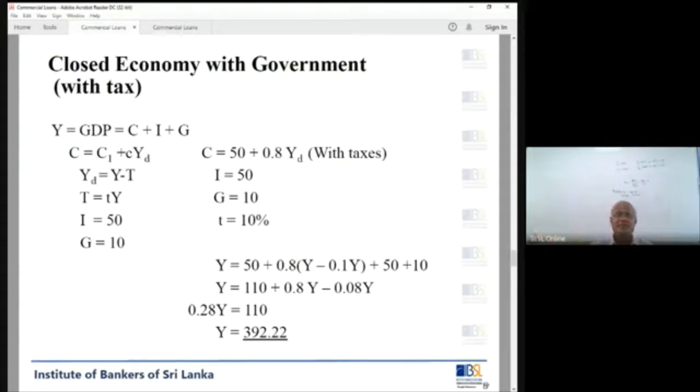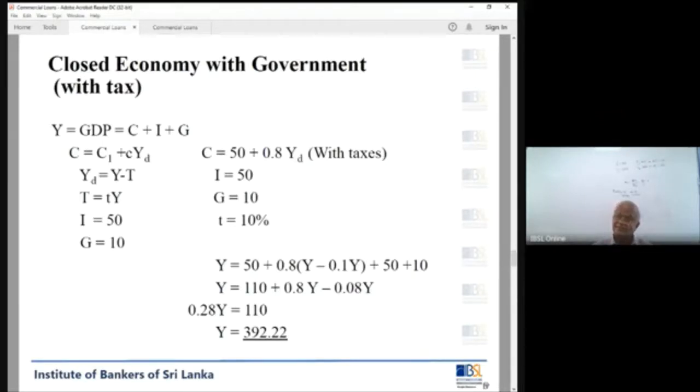You pay 100,000 to the government. 10 lakhs minus 100,000 is 900,000. 900,000 is the disposable income. Actual income minus the tax is the disposable income. The tax is not your income. You are left with YD only.